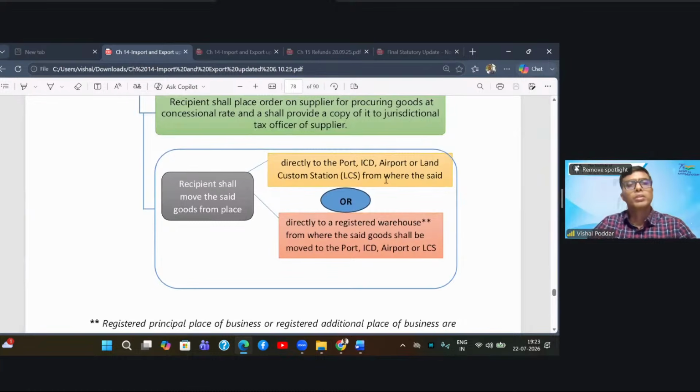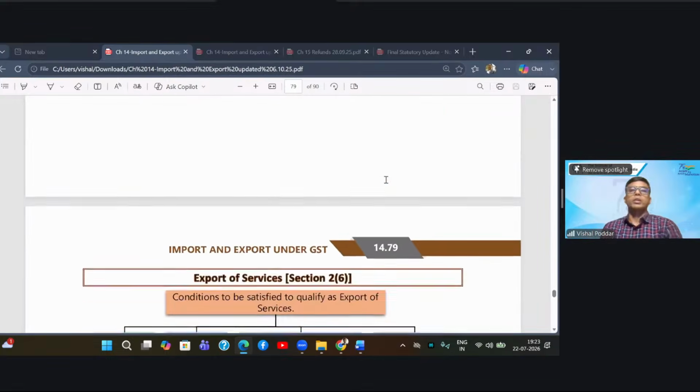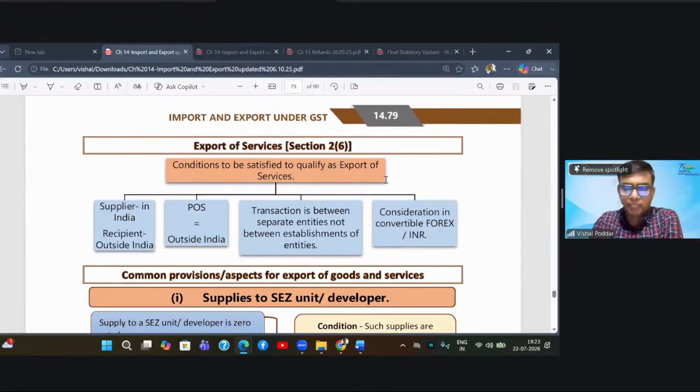In short, what this particular condition means is that whatever goods I have manufactured would be sent directly to the port, airport, or the warehouse. It means the merchant exporter will not be doing any further activity or processing on the goods, and hence the goods have to move directly to the port, airport, or the registered warehouse.